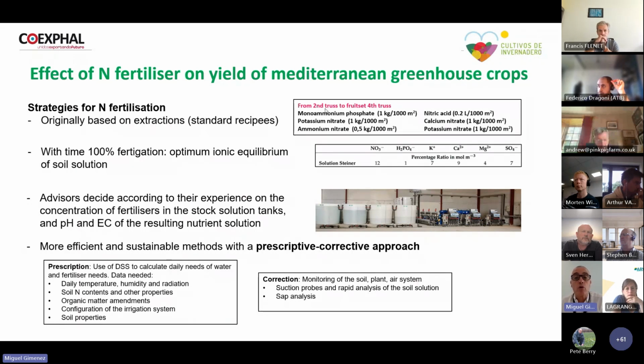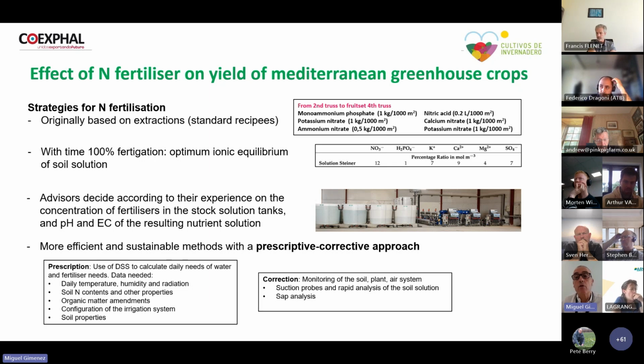So depending on the phenological stage of the crop, different amounts of fertilizers were recommended to be applied by the growers. But in time, most of the growers started to use automatic fertigation systems, which originally were brought here by the Dutch technology suppliers, right?